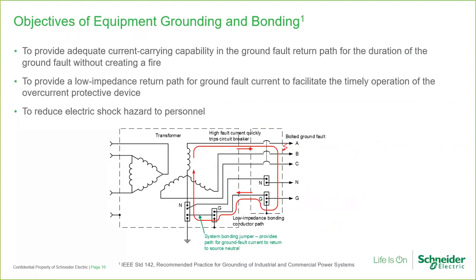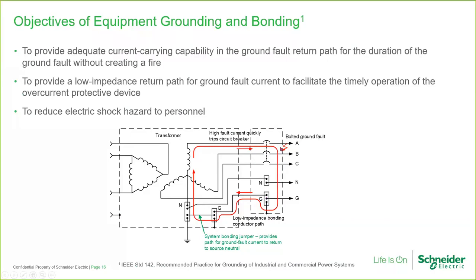This drawing here shows a bolted fault from phase A to the equipment enclosure. The fault current then flows through the enclosure up through a bonding jumper to the grounding bus, and then through the bonding conductor upstream to the source, and then through this critical system bonding jumper, which provides the path for the ground fault current to return to the source neutral and complete the circuit.